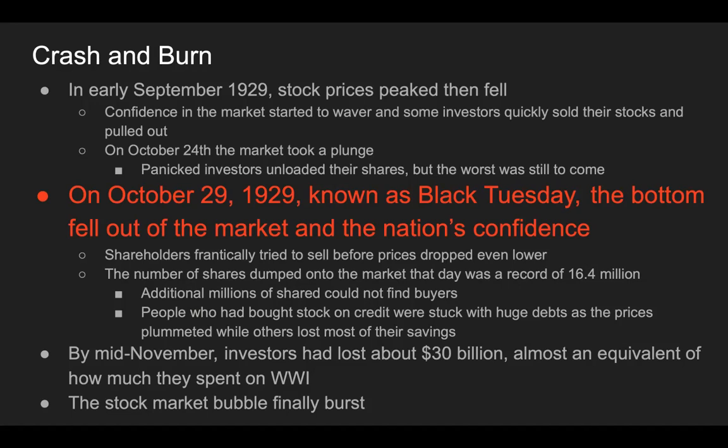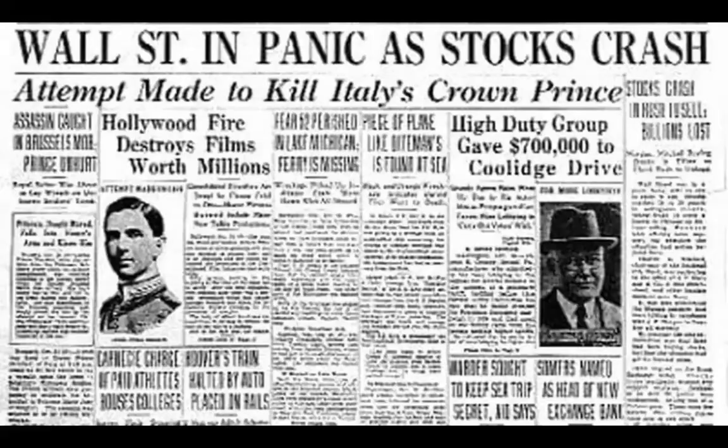People who had bought stock on credit were stuck with huge debt as the prices plummeted, while others just lost all their savings. By mid-November, investors had lost about $30 billion, almost the equivalent of how much the United States spent on World War I. The stock market bubble finally burst.